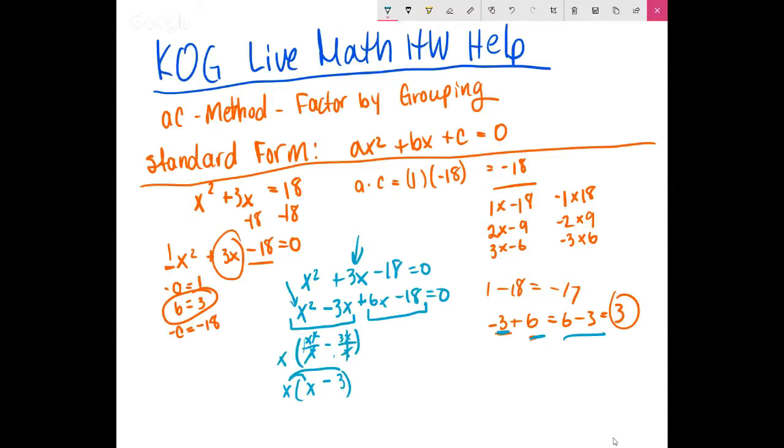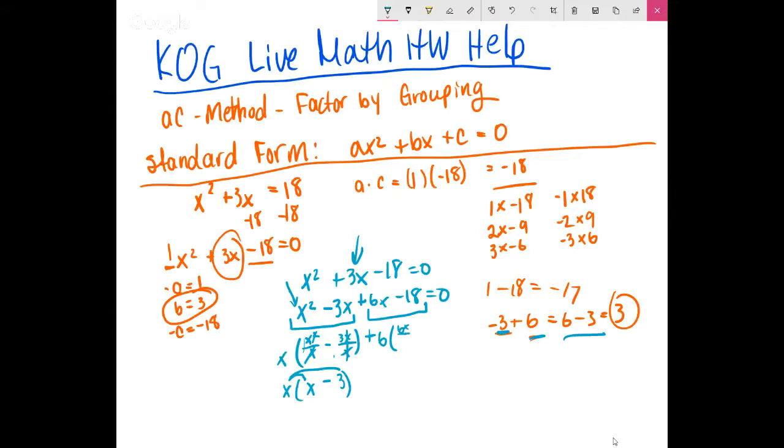Okay, let's look at the second group. We have 6x minus 18. What factors do 6x and 18 have in common? 6, and a positive 6 at that. So we're going to factor out 6.